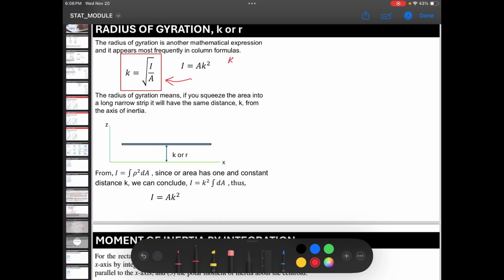So, ibig sabihin, k can be x, y, z din. So, kapag Ix siya, kx siya. Kapag Iy siya, ky siya. And then, pag Iz siya, kz siya.